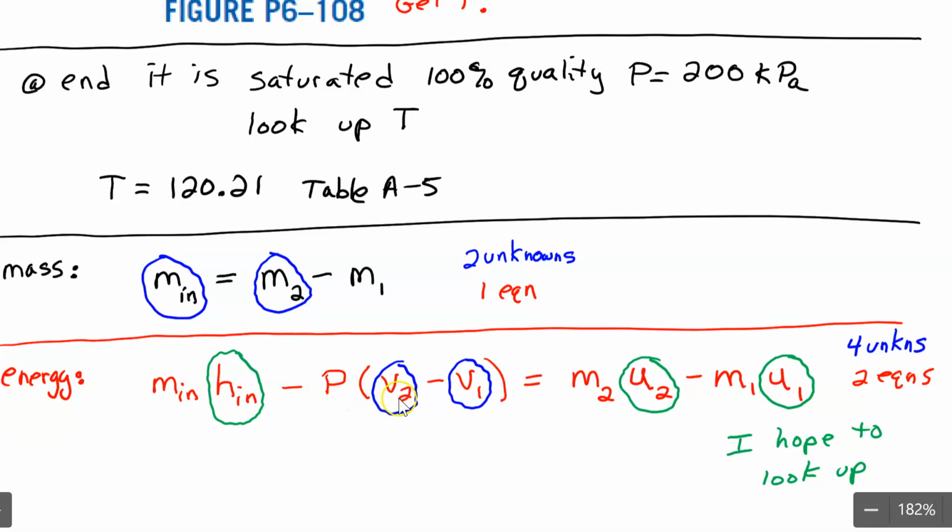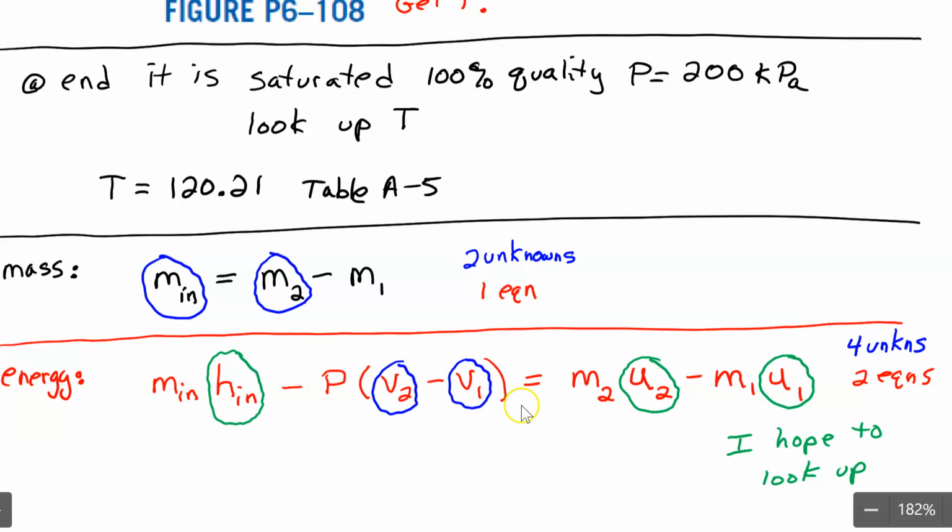It's the pressure times V2 minus V1. It is energy that's leaving, because when you expand something, it's pushing you, it's giving you energy. So it's coming out of the gas and coming into what I can use. So that's why it's a negative, because it's leaving the system. So that's all of the energy that is coming or going, and there's no heat transfer because they said it's insulated.